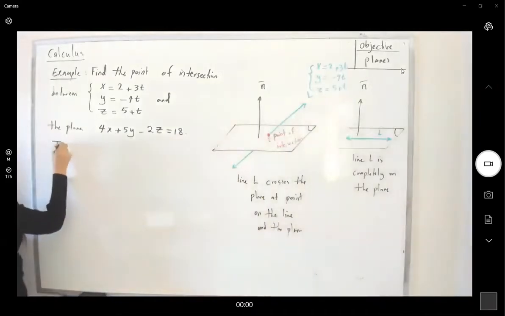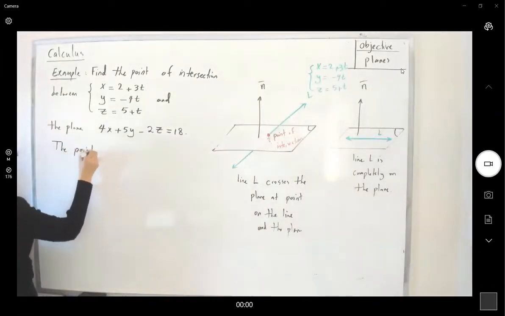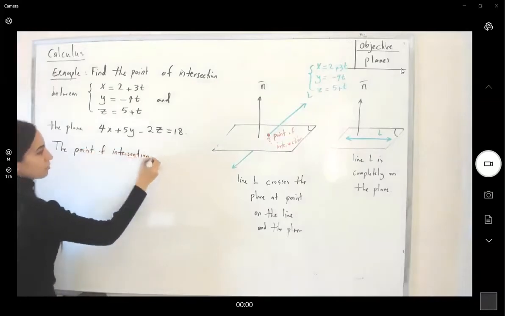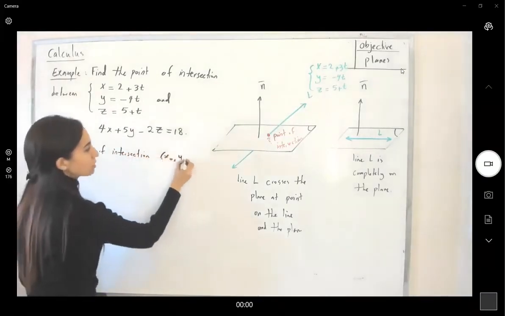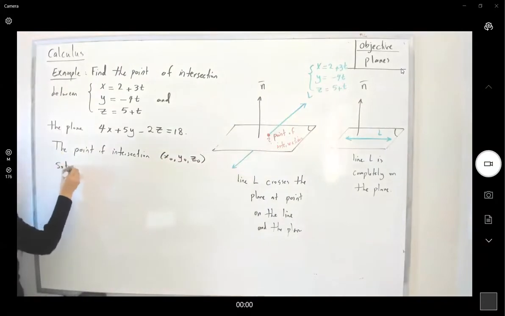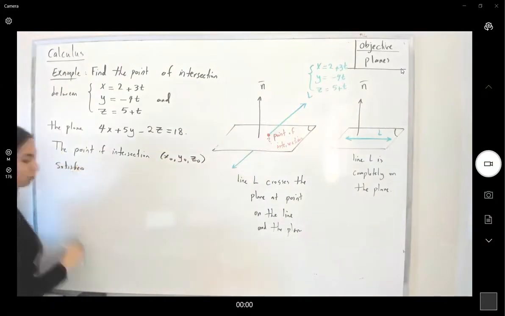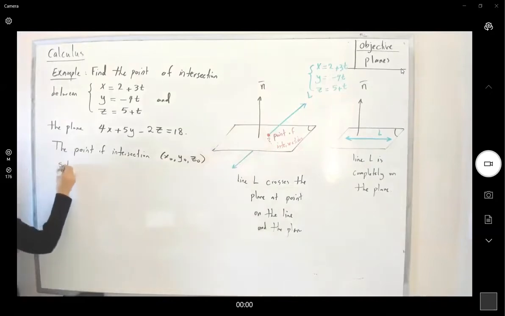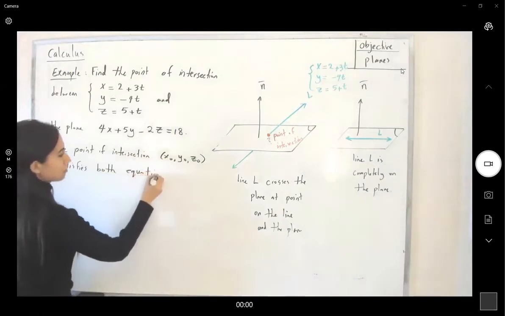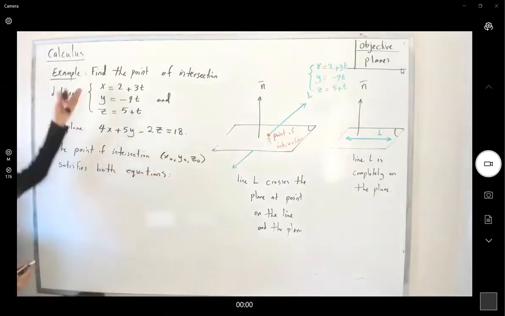So the point of intersection x sub 0, y sub 0, z sub 0 satisfies both equations. So what is the first equation?